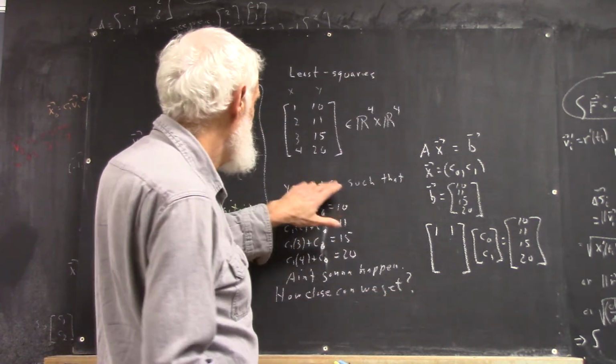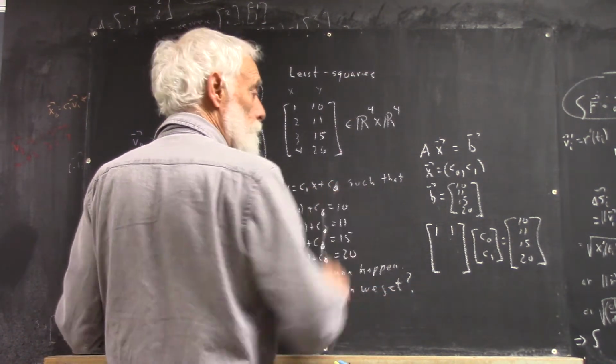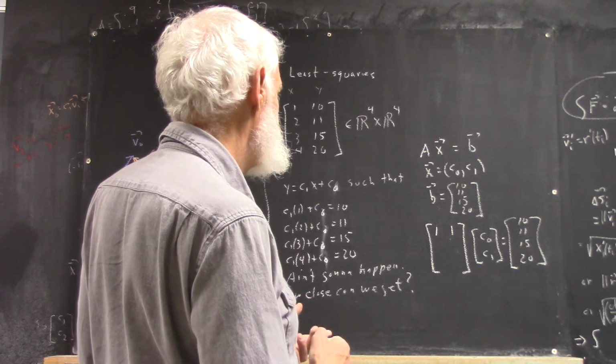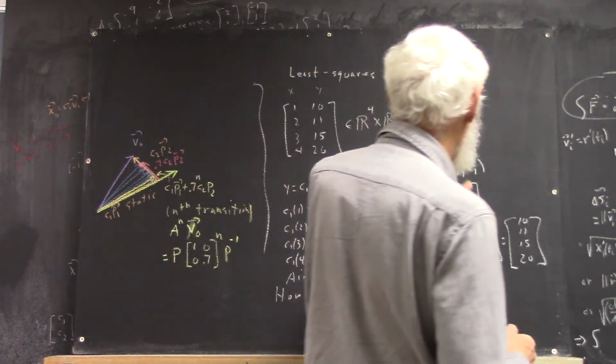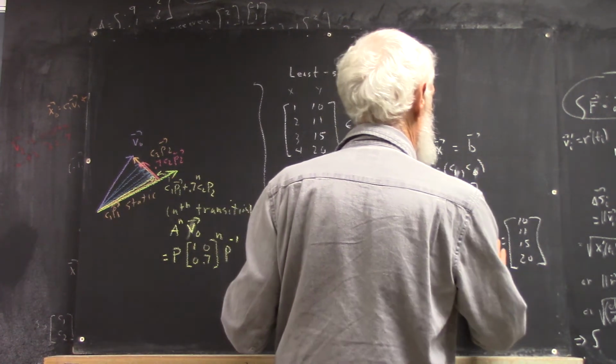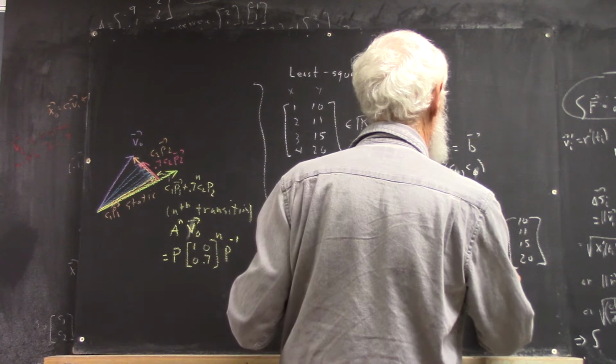Getting my notation screwed up. Call this C0. Okay? And I guess I want this one to be C1, C0. Sorry to mess up the notation, but okay?